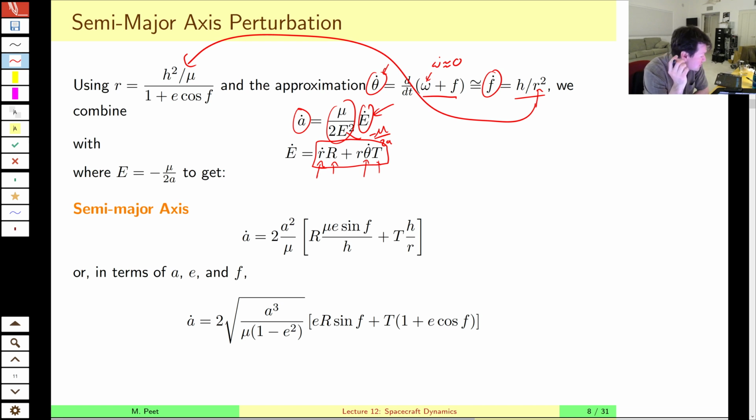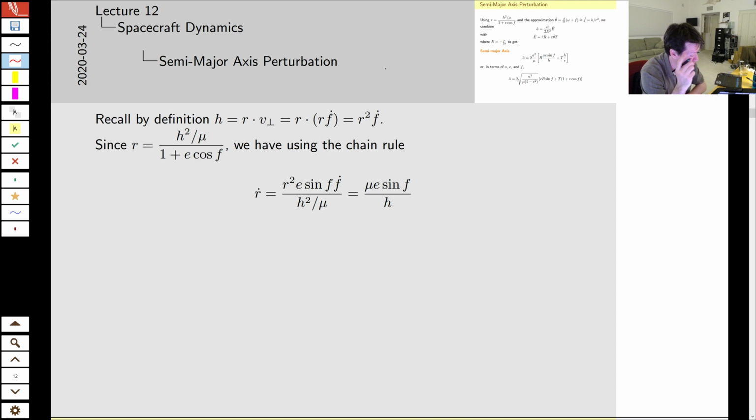The expression for R dot is a little more complicated. So I've got a little note here in the notes. If you remember, R is this term here. If we differentiate this using the chain rule with respect to F, we get this expression times F dot.